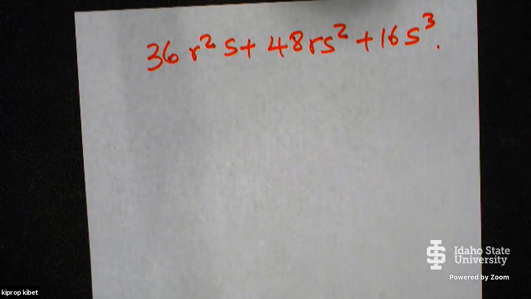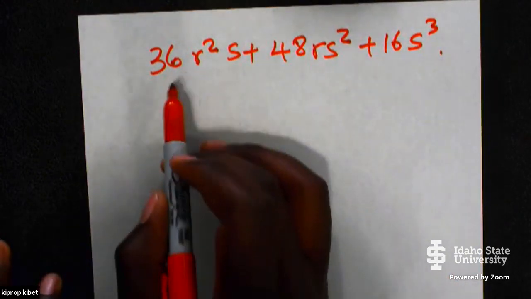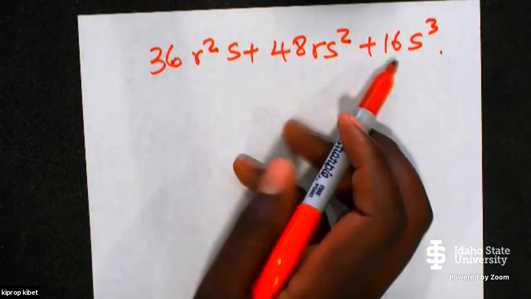So before you factorize this, you need to check whether there is a greatest common factor in all of them. So what can we factor out first, and then we simplify the one which is inside. So if you have 36, and then we have 48, and then we have 16.